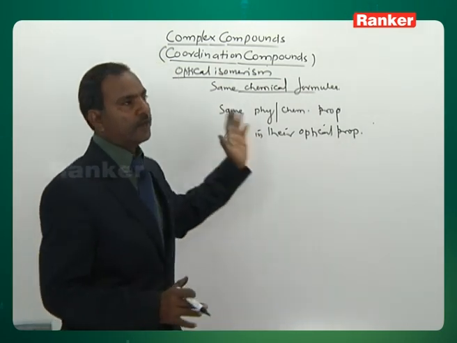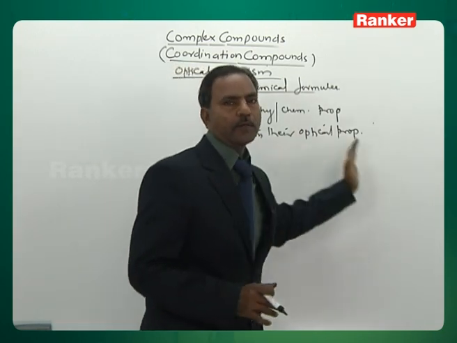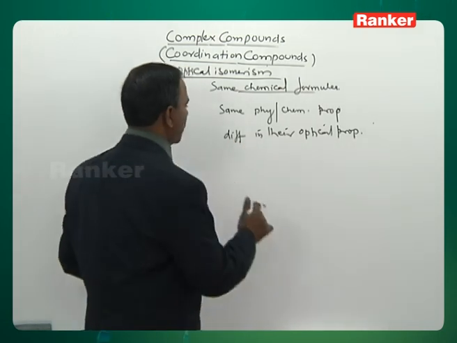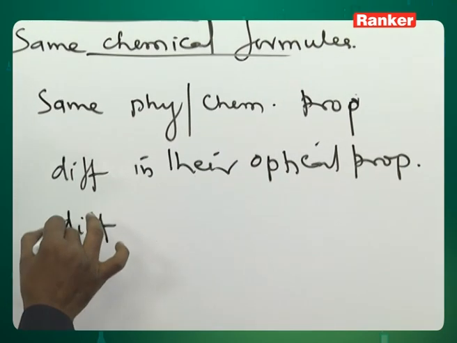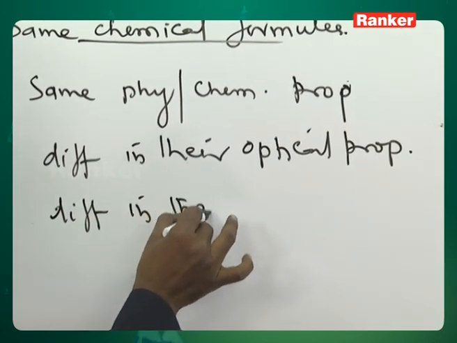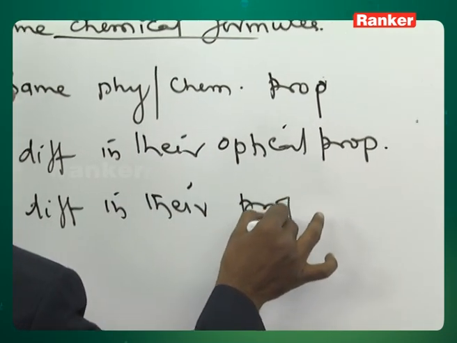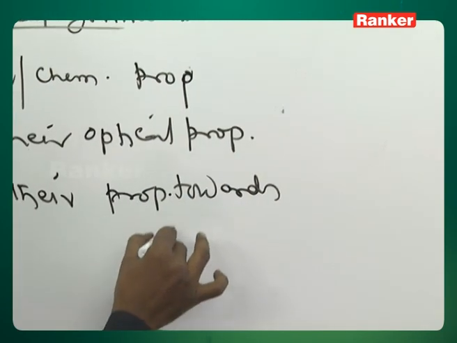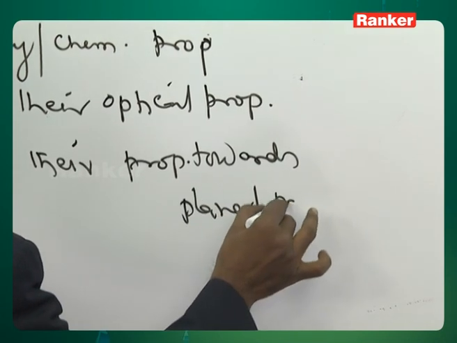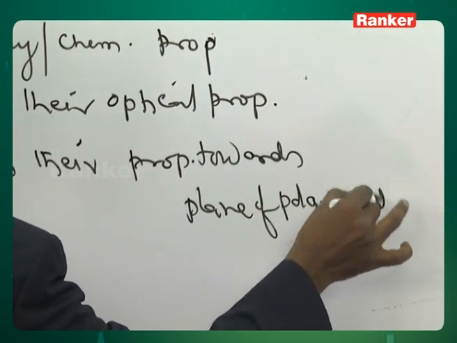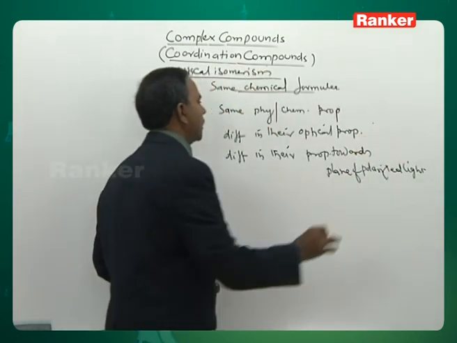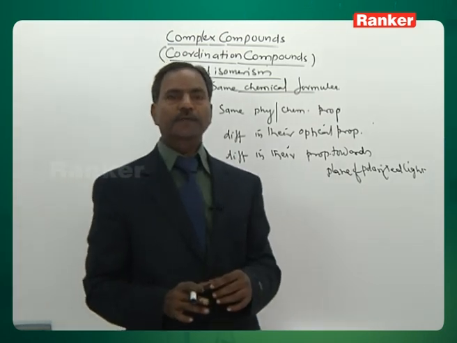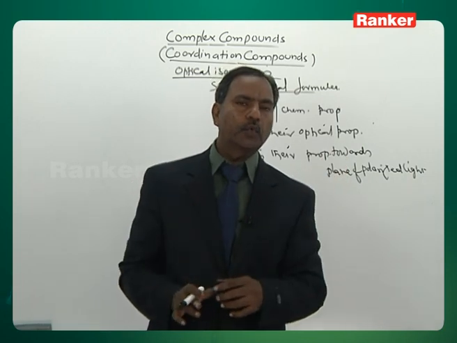But what I am saying here is same chemical formulae, same physical and chemical properties, which differ in their optical properties, meaning they differ in their property towards the plane of polarized light.